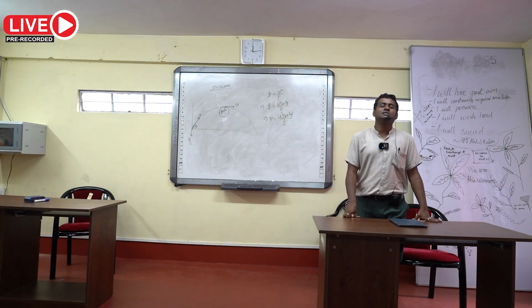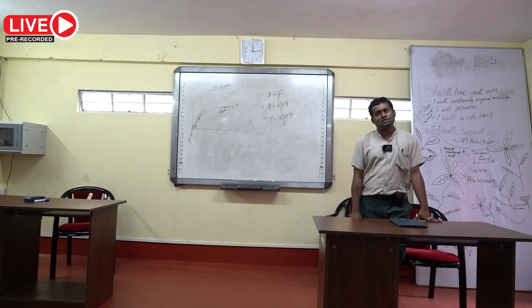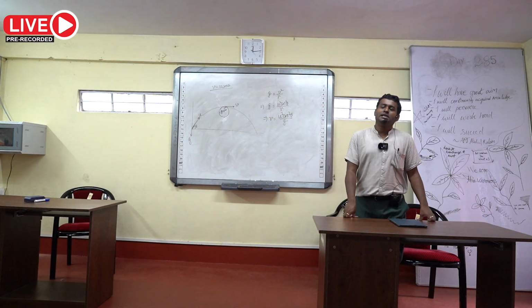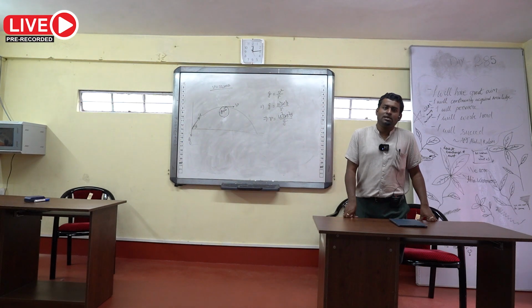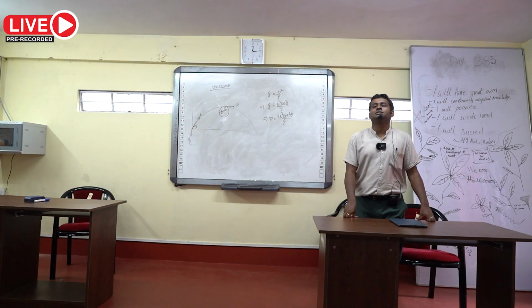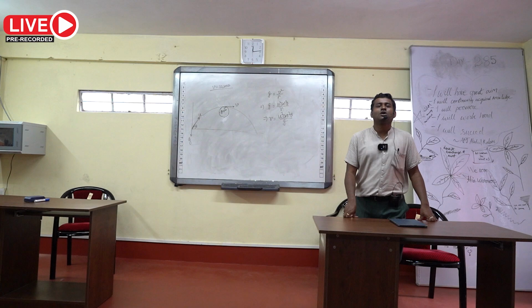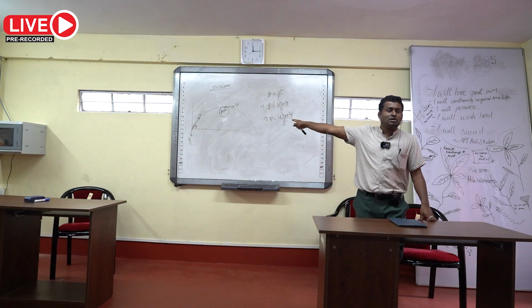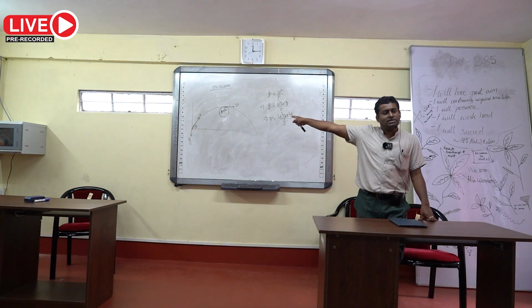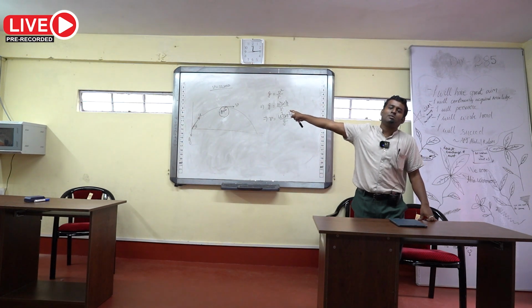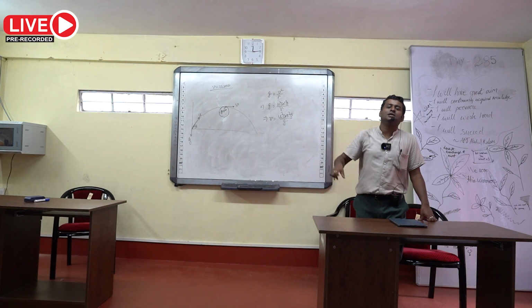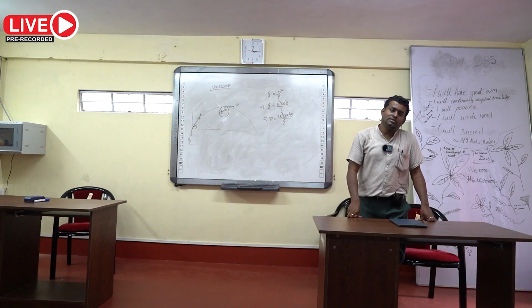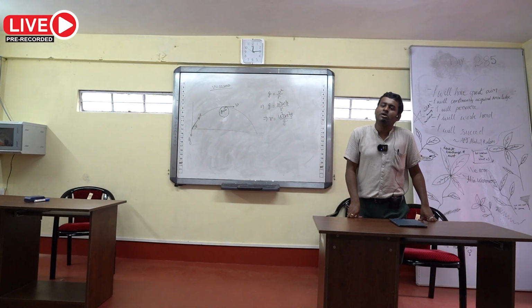In circular motion there is an acceleration towards the center, called centripetal acceleration, with magnitude v square by r. Here the only force acting on the particle is gravity, so we equate v square by r to the acceleration due to gravity, and from that we find r.